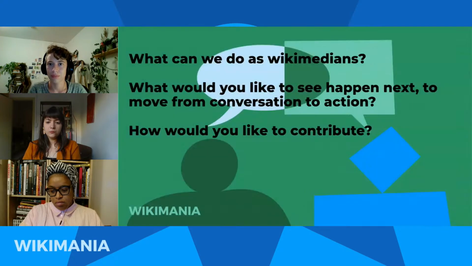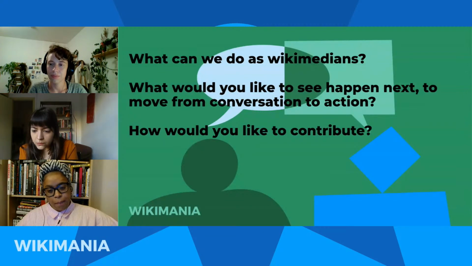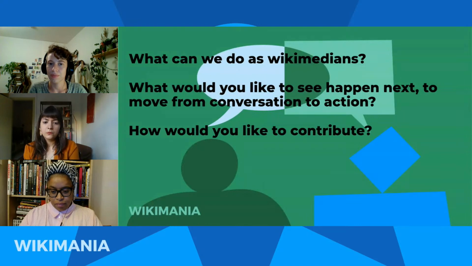And for that, we need more. So that's the question for you in the Wikimedia community, for everybody. What can we do as Wikimedians? What would you like to see happen next to move from conversation to action? And how would you like to contribute in different ways?